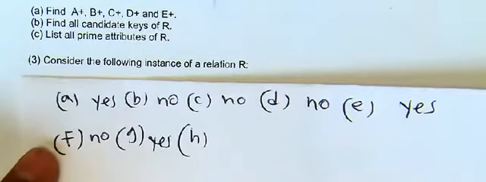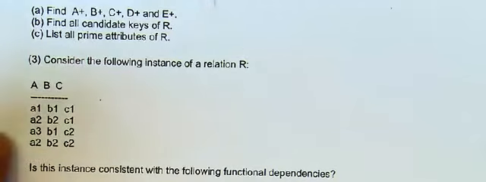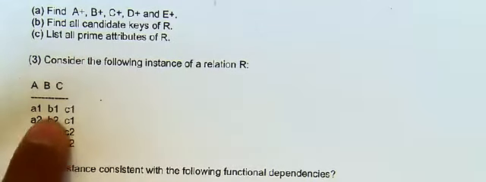Now for H, can B and C determine A and C? So look at that, we got the C and the C there, right? So it's basically checking B and C, and seeing if we got any distinct value.